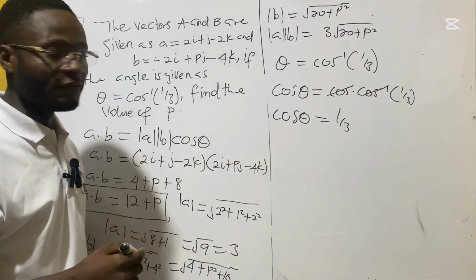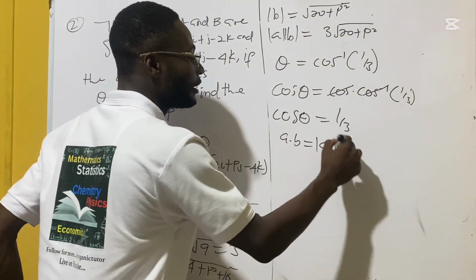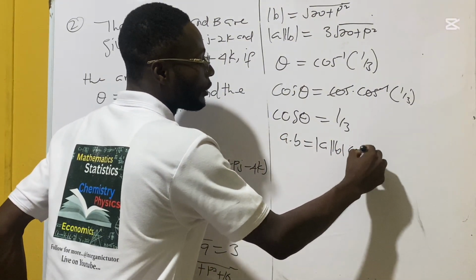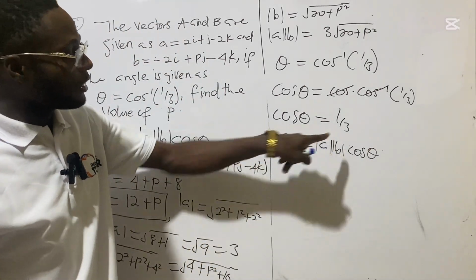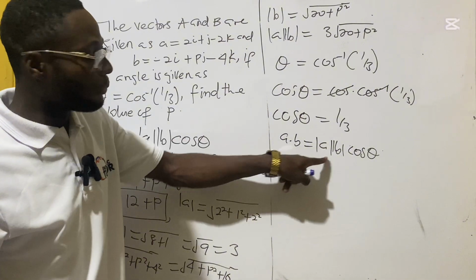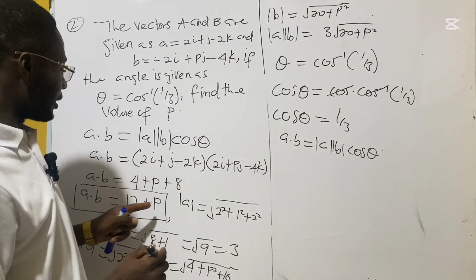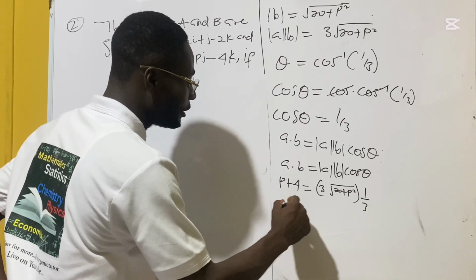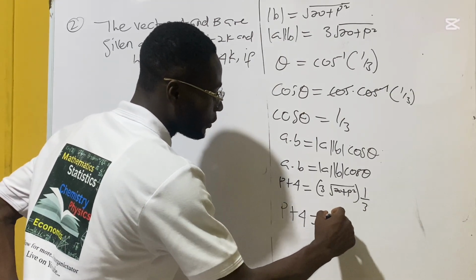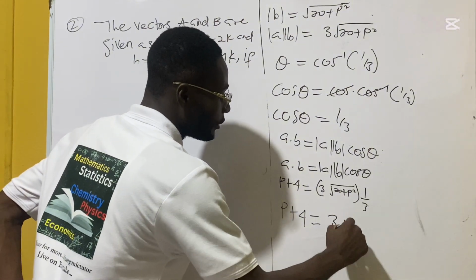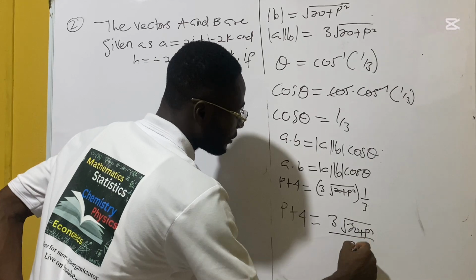Now let's go to our formula. We have a dot b is equal to the magnitude of a times the magnitude of b times cos theta. We know cos theta to be 1 on 3. We know a dot b, we know the product of their magnitudes, right? So now we're going to do our substitution. At this point, we can say that p plus 12 is equal to 3 square root of 20 plus p squared all over 3, right?